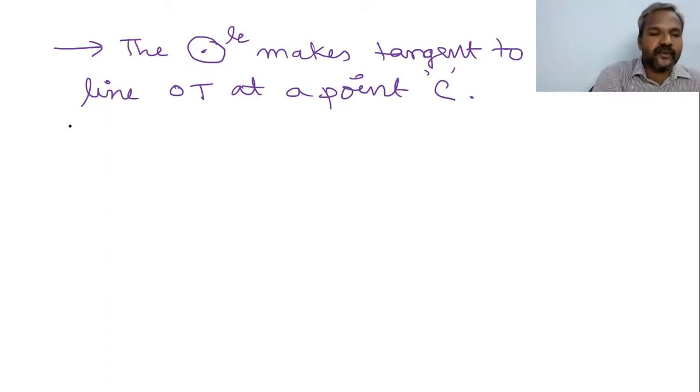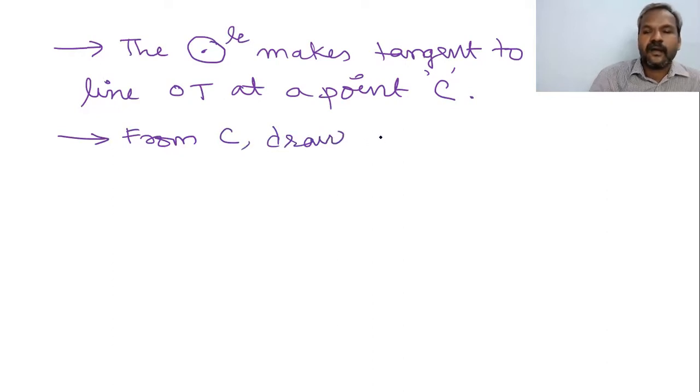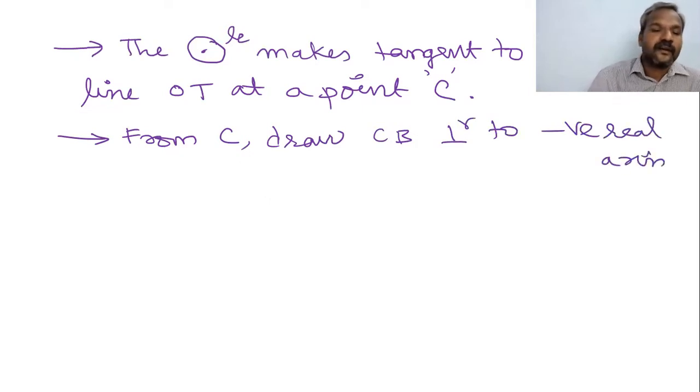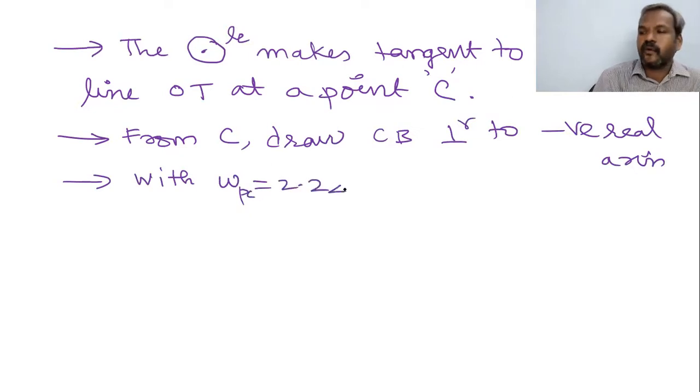As usual, you follow the procedure. From the point C, draw the line CB perpendicular to the negative real axis. We already calculated omega equal to 2.24.